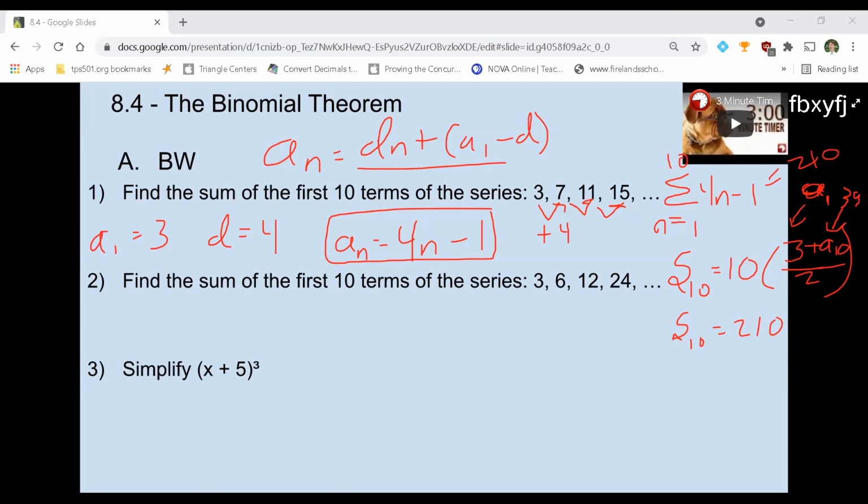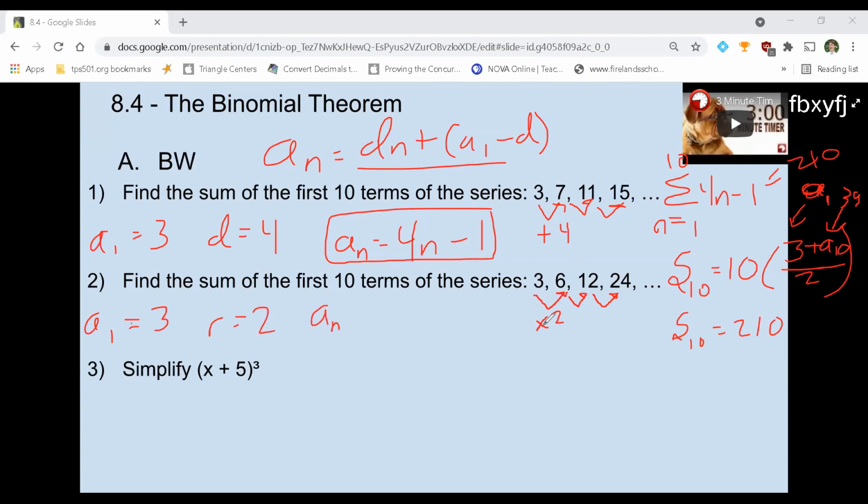Let's do the geometric one. What is the common ratio for each of these numbers? 2 times 2. So then our first term is 3. Our common ratio is 2.